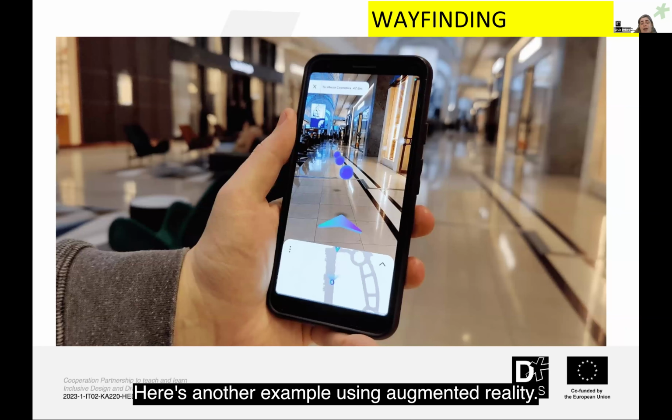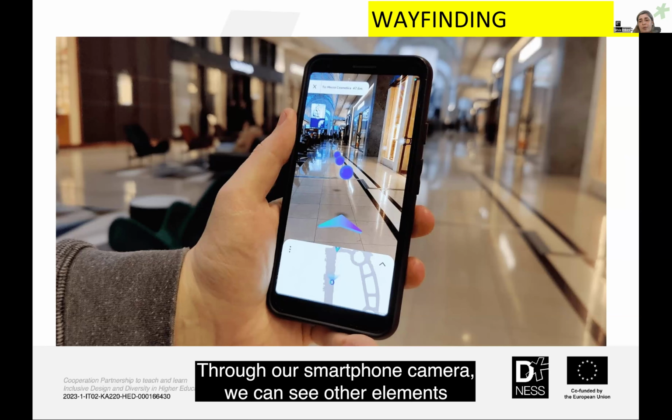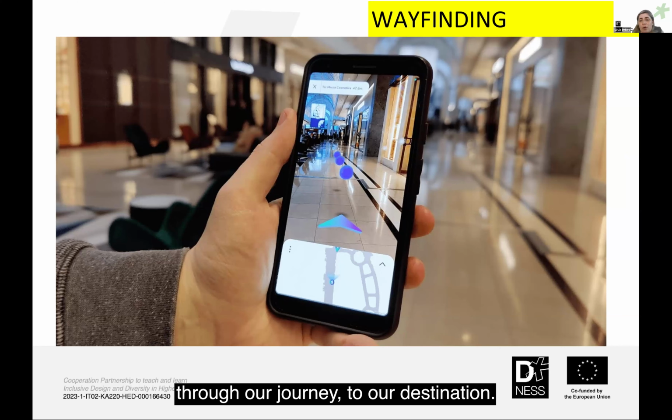Here's another example using augmented reality. Through our smartphone camera, we can see other elements that are not real, only digital, but can guide us through our journey to our destination.